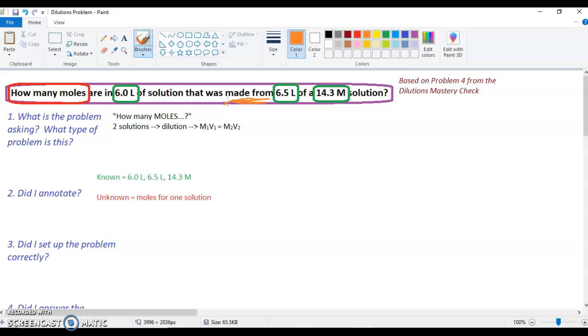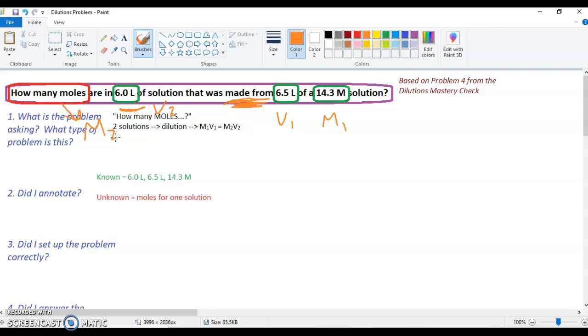So in this instance, that tells me when it says made from that these were my V1 and my M1. Over here, this is my V2, and so this must be part of my M2.